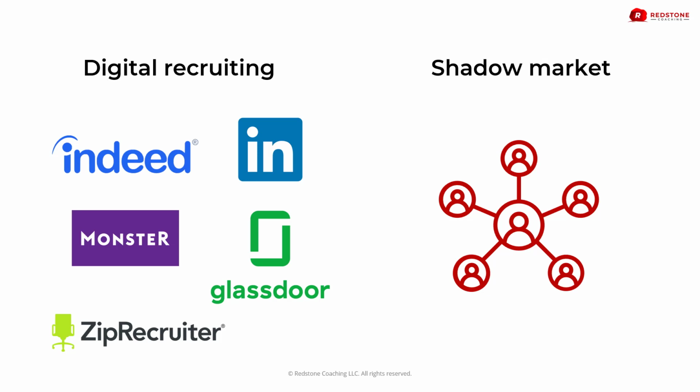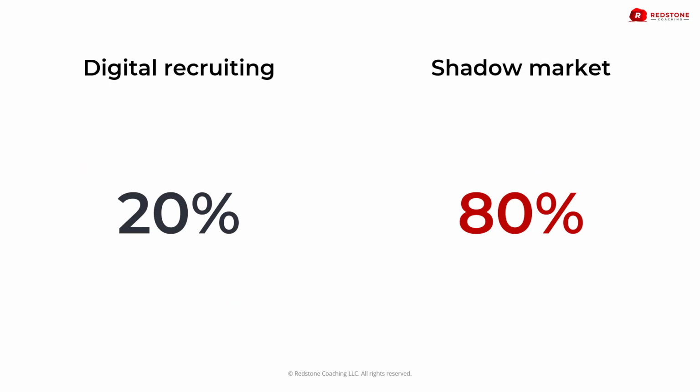Now, the problem is that 20% of jobs are actually filled through job boards. 80% of professional positions are filled through networking. This goes completely against what most people believe and what they do. Most people spend the vast majority of their time and energy focusing on online applications when it's backwards.